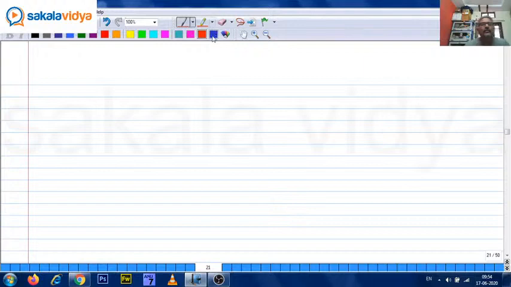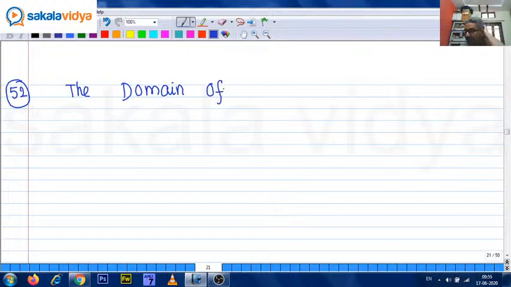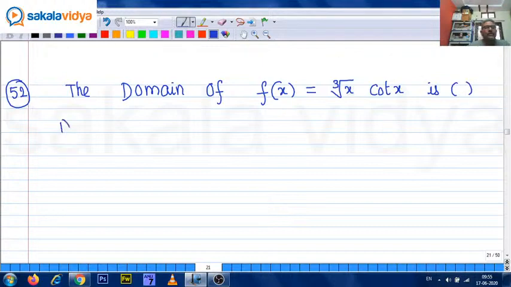52. The domain of f of x equals cube root x multiplied by cot x is: first option, R minus 0.